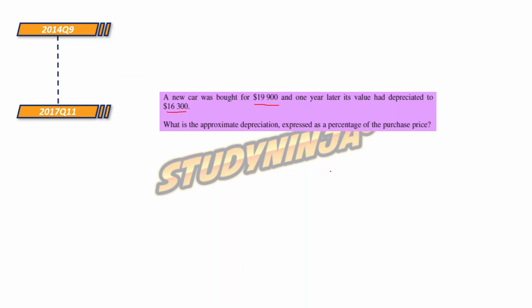What you know is that from 19,900 the car went down to 16,300. So the difference between these two is your depreciation, which is 3,600. Then depreciation as a percentage of purchase price would be this 3,600 divided by 19,900. That's the purchase price. So that would be your depreciation percentage, whatever that comes out to be.